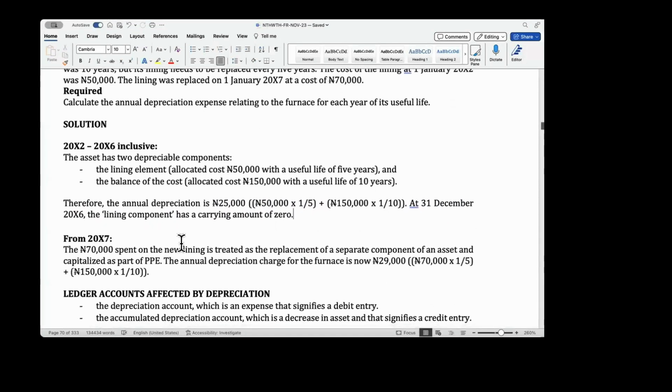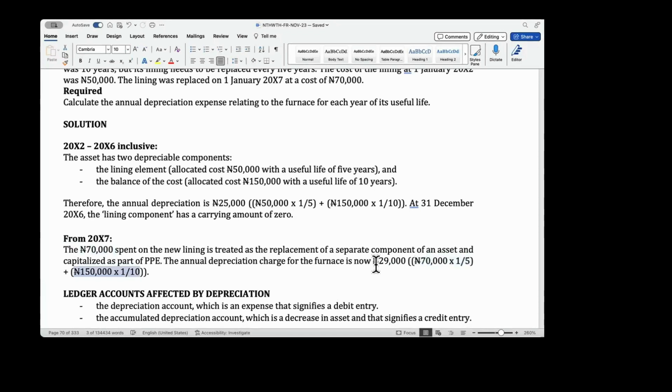However, from 2007, they incurred another 70,000, which will last another 5 years. So the annual depreciation for the furnace will now be the 70,000 divided by 5, plus the balance of the cost, which is still 150,000 divided by 10 years.